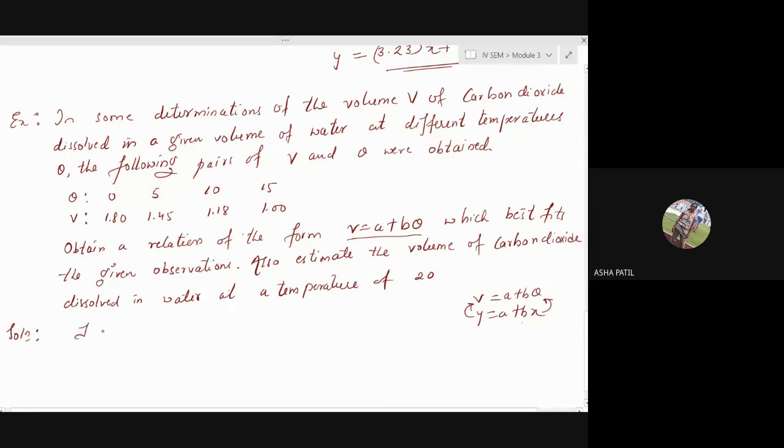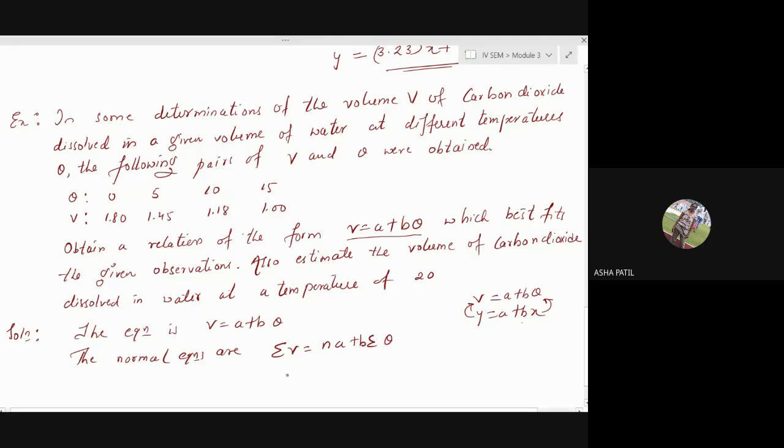The equation which we need is V is equal to A plus B theta. So the normal equations, can you tell me what are the normal equations? Summation V equal to AN plus B summation theta.